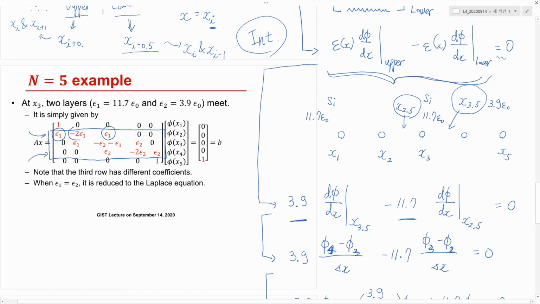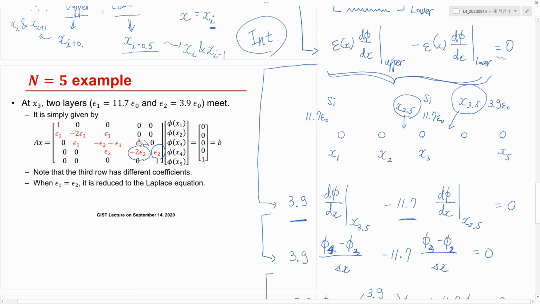Therefore, at the center node, we have the doubled relative permittivity. Also, in x4, we have epsilon 2, epsilon 2. So therefore, 2 times epsilon 2 occurs in the diagonal component. And also, just scaling it, they become 1, minus 2, 1. So this is just as before.